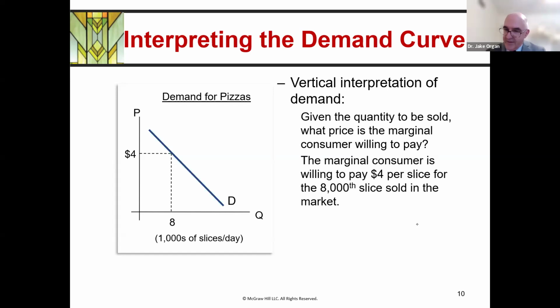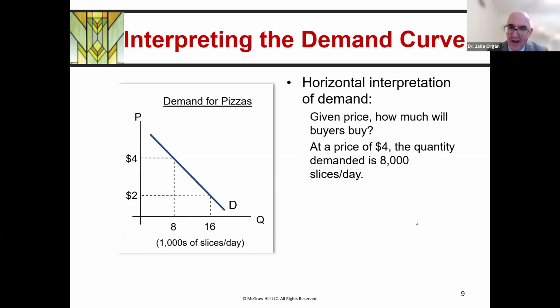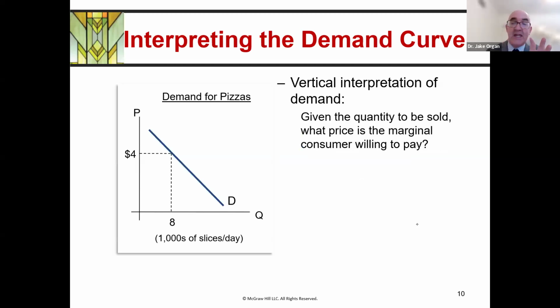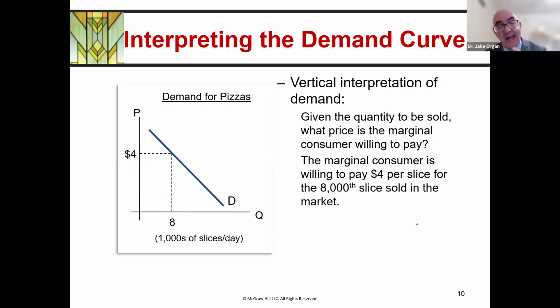So the vertical interpretation assumes if you want to sell that 8,000th slice, what is the price you need to get? The horizontal way of interpreting it is, based on the price, what quantity do we get? The vertical interpretation is, based on the quantity, what price do we need to charge?